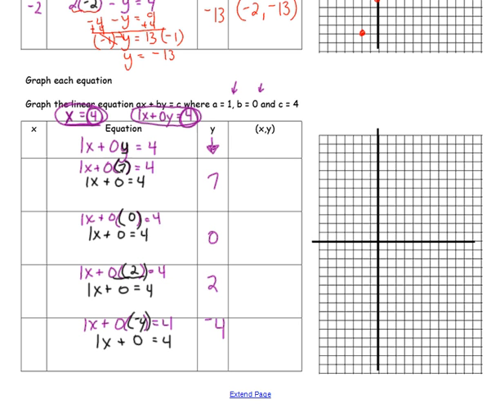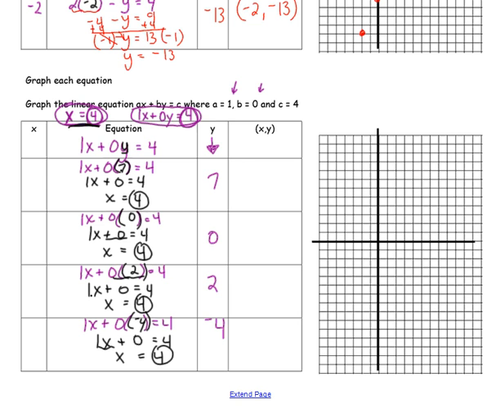So we have 1x, which is x. x plus 0 is x, and that's equal to 4. 1 times x is x, x plus 0 equals x, and x is equal to 4. So I have x equals 4 every time.